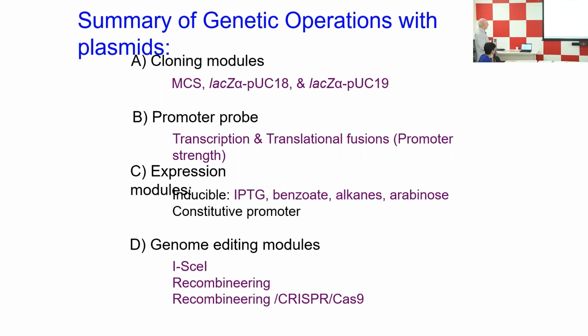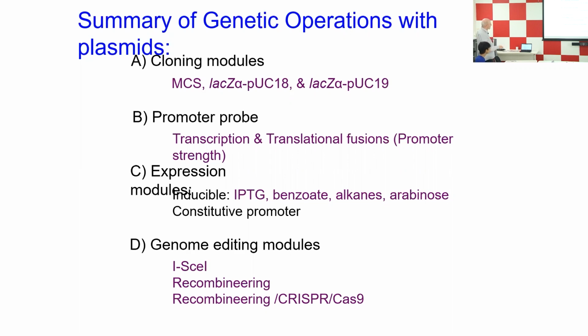You can use them for cloning, you can use them for promoter probing, for expression, and as we have been discussing today, you can use plasmids for the most part also as editing modules and editing tools, whether they are based on SceI-based homologous recombination, whether we use double-stranded DNA recombination, or whether we use CRISPR-Cas9 based recombination for different types of metabolic edits, you know.